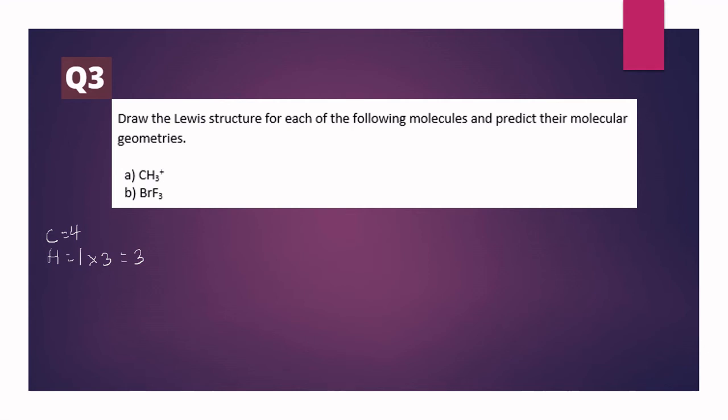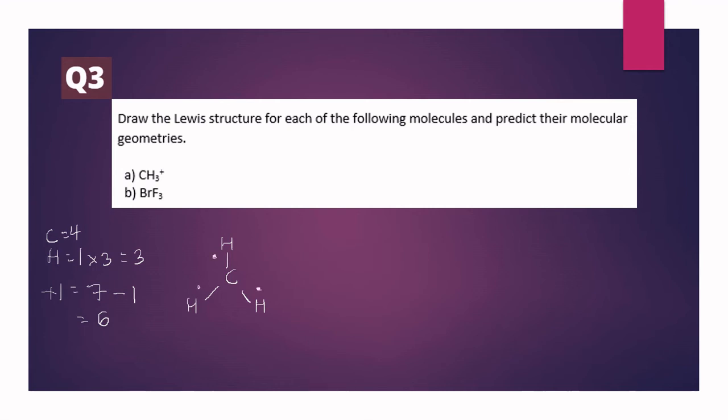And then we have 1 positive charge, meaning from the sum of the electrons we need to minus 1, so the total number of electrons is 6. You know that there are 3 hydrogens.